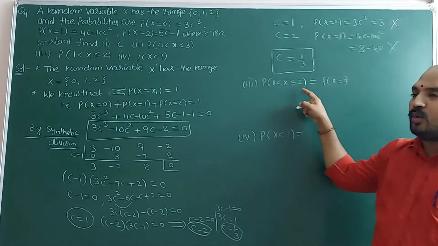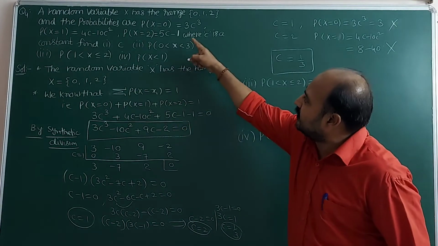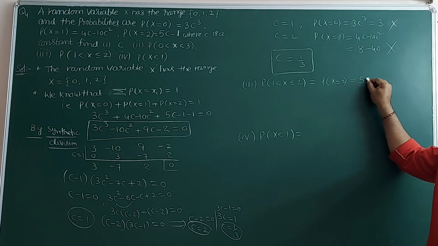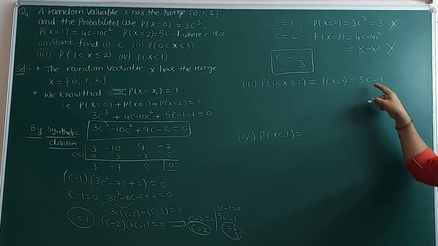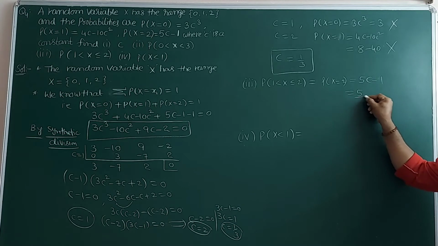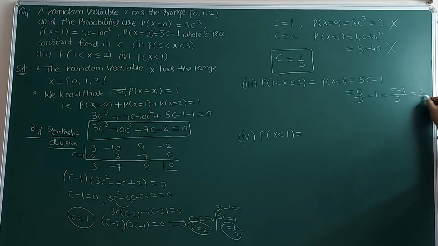X is less than or equal to 2, so x is equal to 2. What is P of x is equal to 2 from here? 5c minus 1. C value 1 by 3 substitute here. 5 into 1 by 3 minus 1. Take LCM 3. 5 minus 3 which is equal to 2 by 3. So 2 by 3 is the value of P of 1 is less than x is less than or equal to 2.